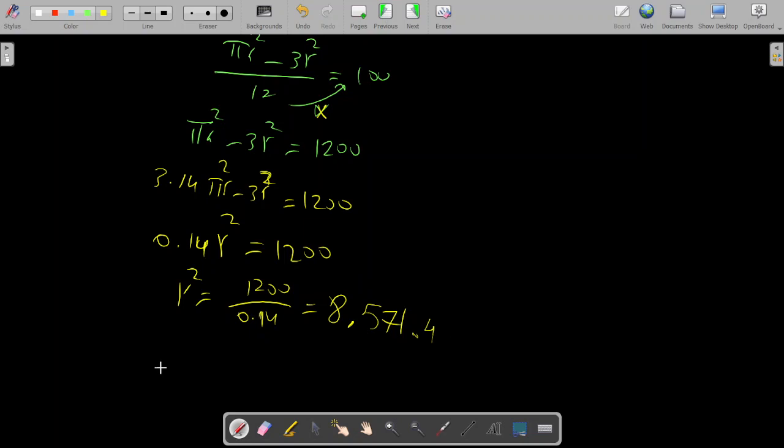This is the r squared. So when I want the r, it's going to be the square root of this amount. The square root of it is going to be equal to 92.6 centimeter. This is your radius.